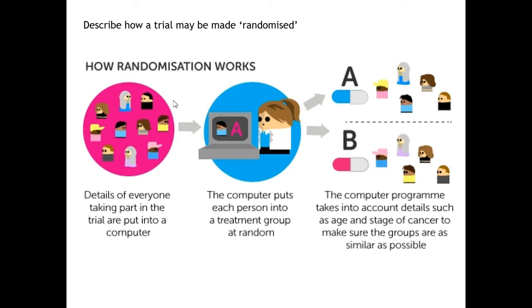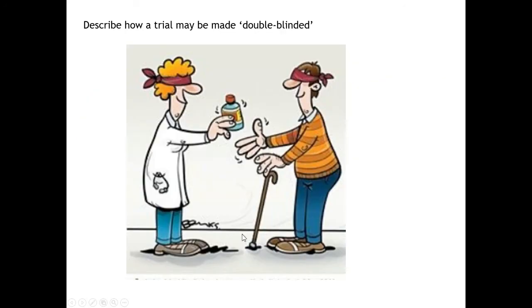The computer will make sure that there is as roughly equal a number of people in each group of a particular gender, particular medical profile, etc. This means that any results from each group can be compared to each other without people being able to say one group has, for example, more women in it than men, so maybe that's had an effect. If we equalize this across the many groups, then this cannot be part of the bias.